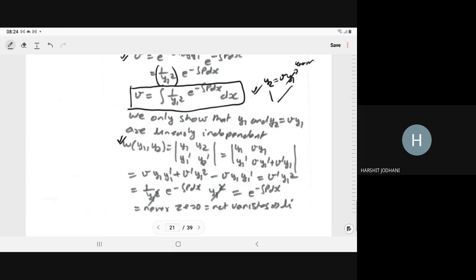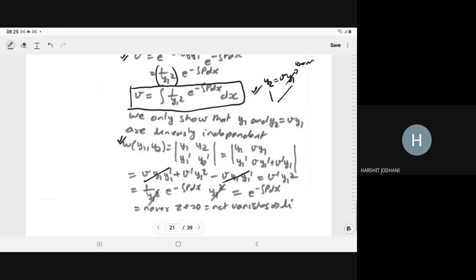So here we multiply, and first we will get v y1 dash times v dash y1 square minus v y1 dash. What is the advantage? Here you can cancel this, so you will get v dash y1 square.